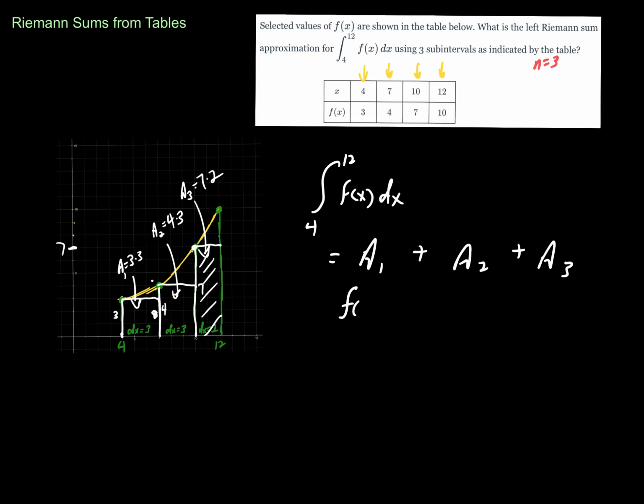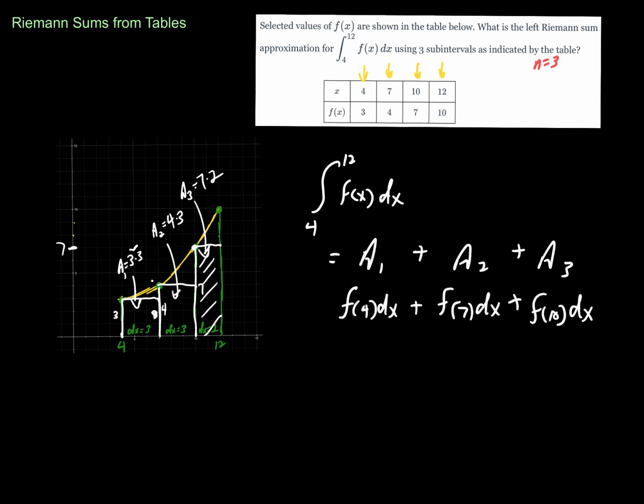This is going to be f of 4 times dx plus f of 7 dx, and that's going to be plus f of 10 dx, because f of 4, f of 7, and f of 10 are the left sides of the rectangles.